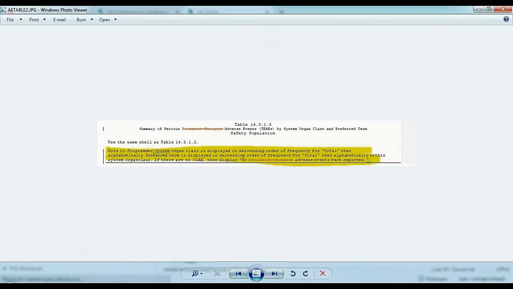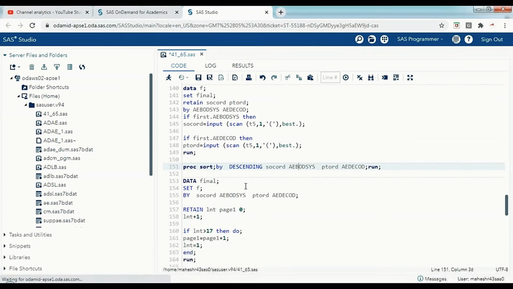Here also they are asking in that way: first descending order of frequency of total, then alphabetically. So automatically, if you give the descending order of this count, next alphabetically, next descending, and again alphabetically. Okay, so this is a major important step.